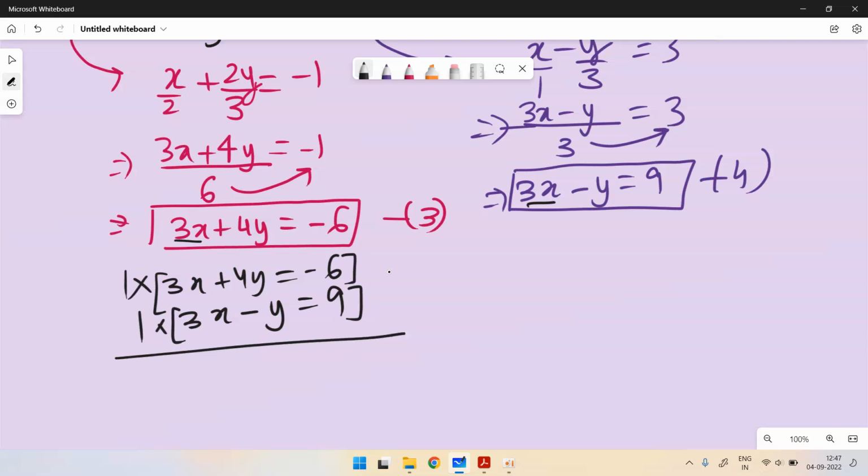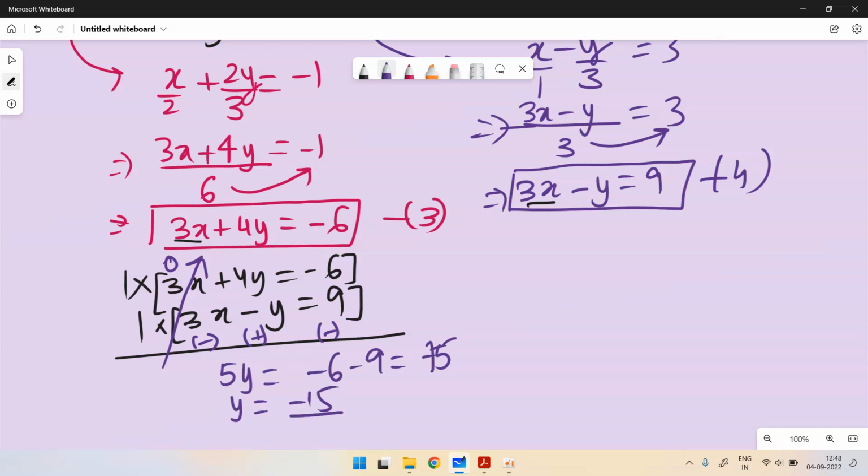So subtracting, 3x minus 3x becomes 0, and 4y plus y is 5y, and minus 6 minus 9 is minus 15. So the value of y is minus 15 by 5, nothing but minus 3.